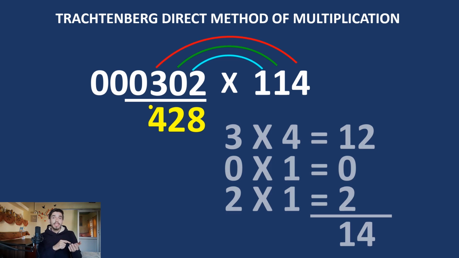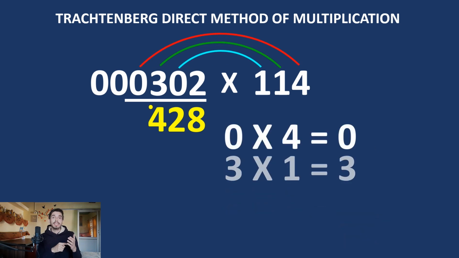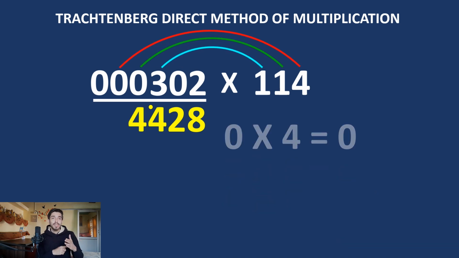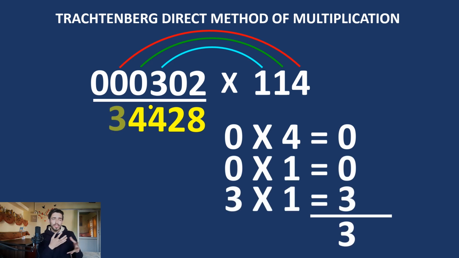Now again move: 0 plus 3 plus 0 plus 1 from the carry. So 4. Now again move: 0 plus 0 plus 3, so 3. Now we don't have any carry, so no need to go further, and this is our answer. This is how easy it is. So in general, the number of arches is equal to the number of digits in the number which you are trying to multiply with.